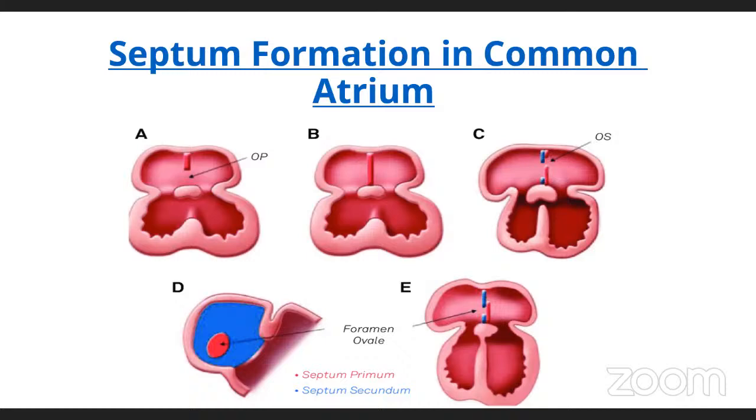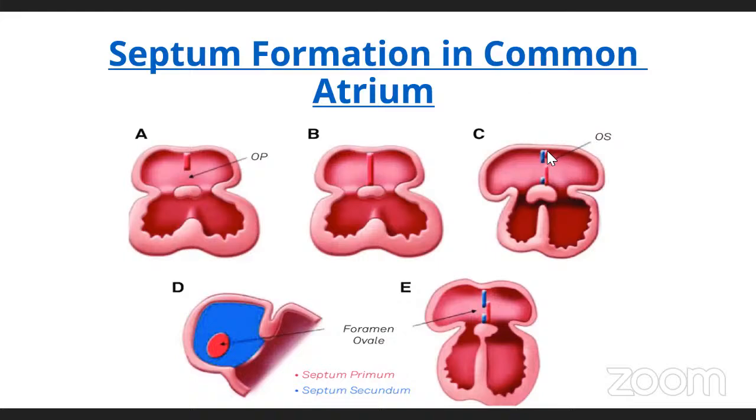But this septum primum continues to grow, and eventually it does reach the septum intermedium. Another hole develops towards the top, and it's called the ostium secundum. Another tissue here starts to grow and is called the septum secundum, which blocks the ostium secundum.